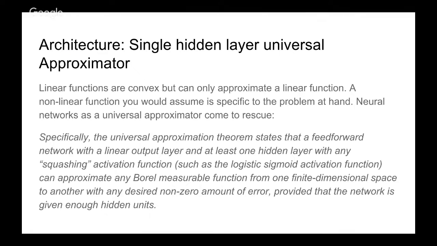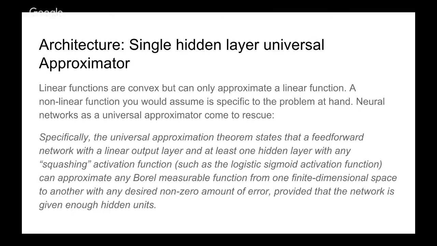The way it reads is that a feedforward network with a single hidden layer with any squashing activation function, such as the logistic function or even ReLU, can approximate any Borel measurable function from one finite dimensional space to another with any desired non-zero amount of error, provided that the network has enough hidden units.